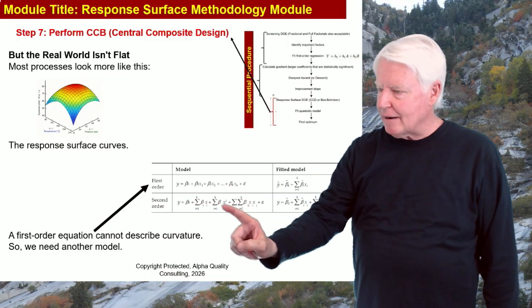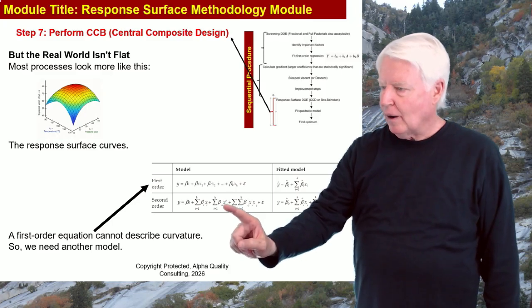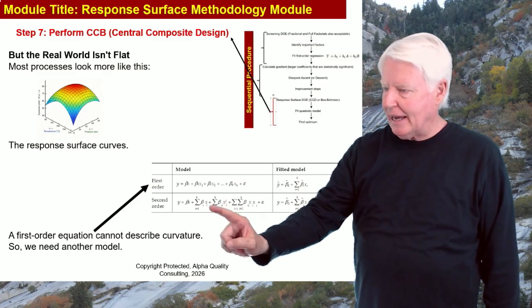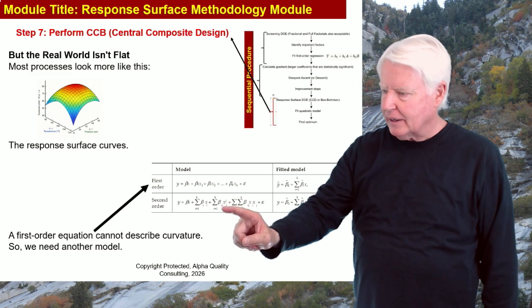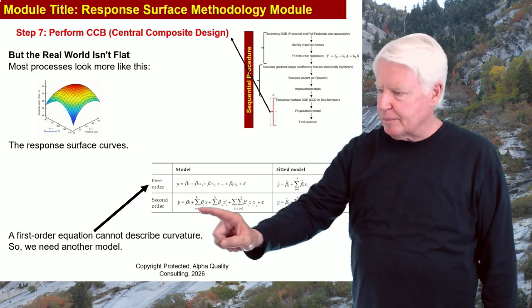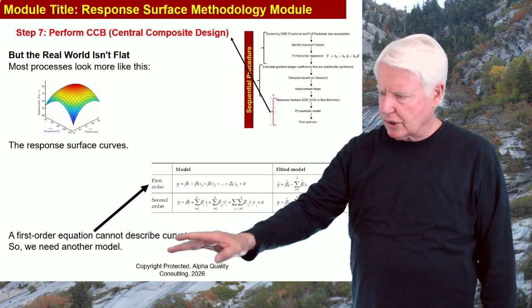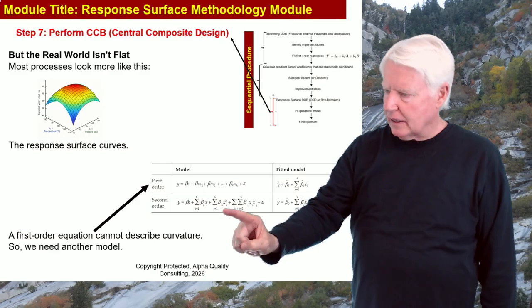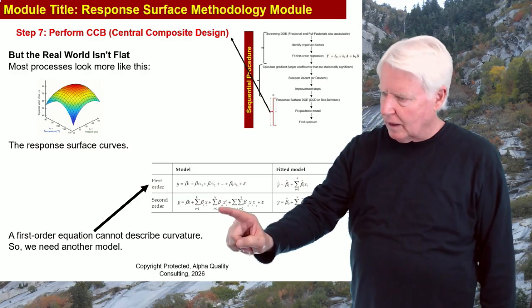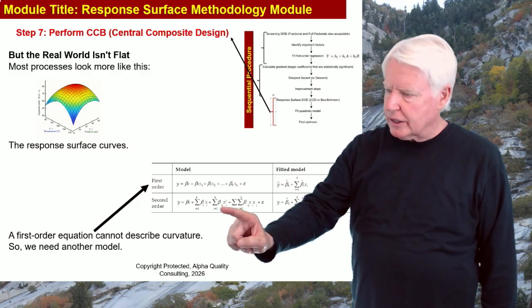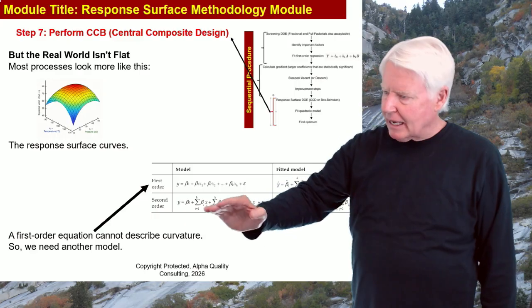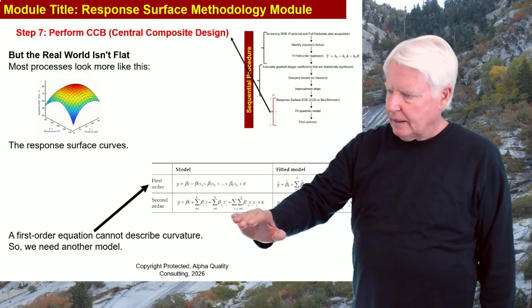So the first order is all about linear. Second order, notice I have now x squared. Oh, I have square terms in here now. I may have a bunch of them. That's why it says add them together. So I have all the linear terms put together to describe it if it's straight. Then these quadratic terms, the x squared terms, add the curvature in here.